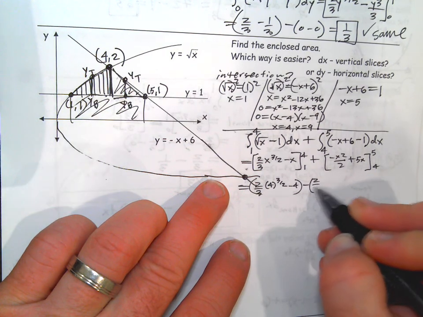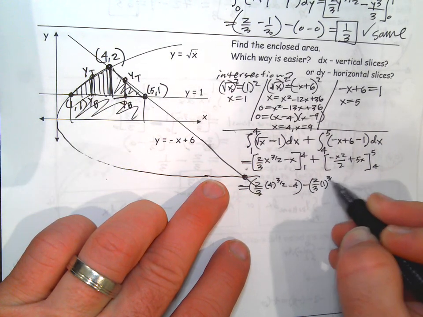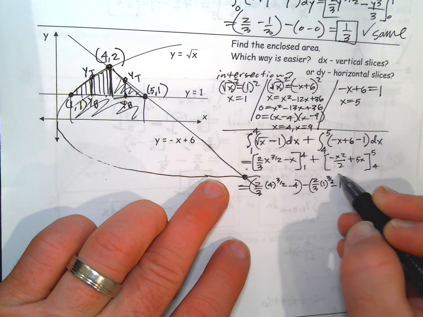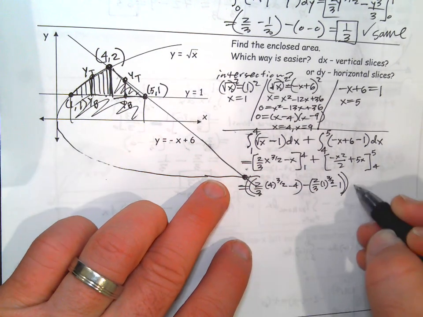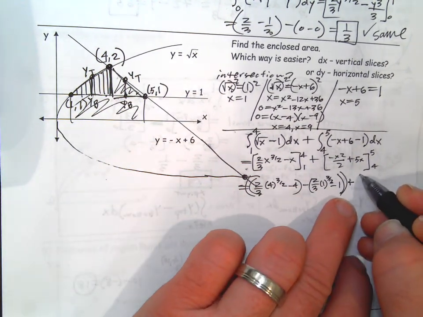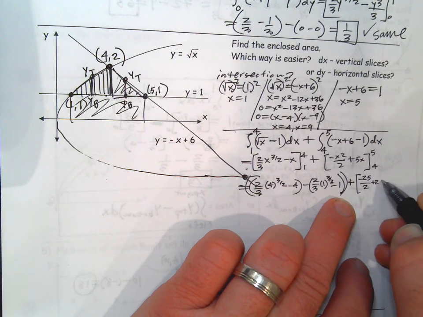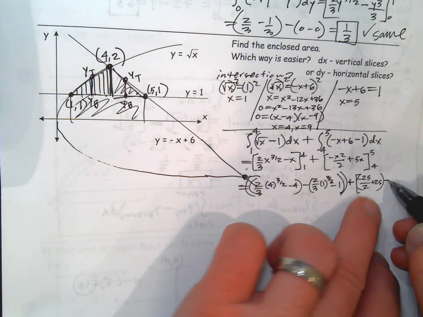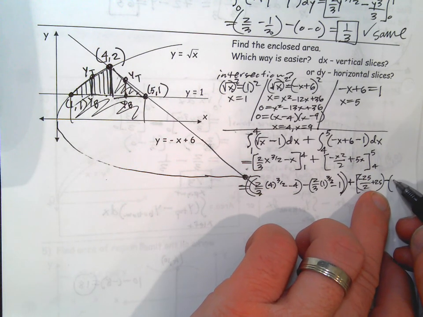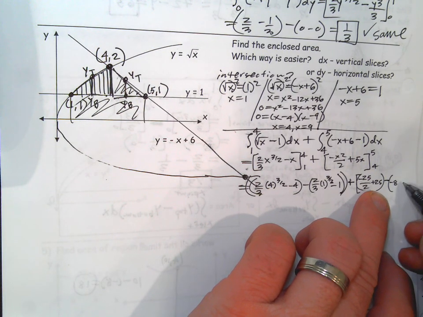That's 2/3, 1 to the 3 halves, that's 1. Minus, plus, you plug 5 in here, it's negative 25 over 2 plus 25. Minus plug 4 in, you get negative 16 over 2 is negative 8 plus 20.